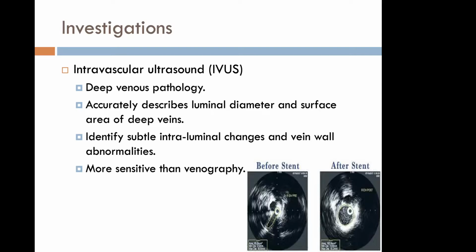You're able to identify very subtle intraluminal changes and vein wall abnormalities. And like I said, it's far more sensitive than venography. We are quite fortunate in our institution. We do have this, and in the examples I'll share later on, I will show images of this as well. We can move on.